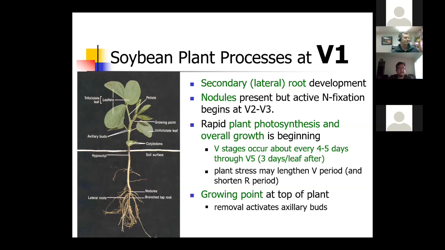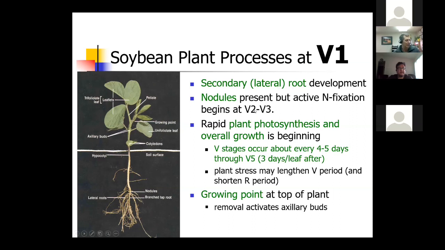Okay, and then when the trifoliate leaflets are open, the edges are not touching, then we call this the V1 stage. And so the first trifoliate leaf will be on the second node of the plant. And by now you've probably looked at the narrative, but there's quite a few things happening even when the plant is so small. The primary root system is developing, this lateral root system.